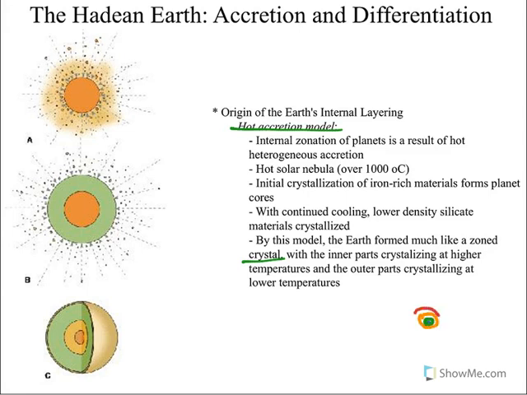So it grows right from the inside outwards, right, as you can kind of see from this poor drawing that I'm making here. So the hot accretion model basically states that the Earth is no different than just a really large mineral, and that basically the core formed first, right, and then the crust formed last. Odds of this actually happening is pretty slim, just because that would be really complicated, but we can't discount it, so that's why we're talking about it.